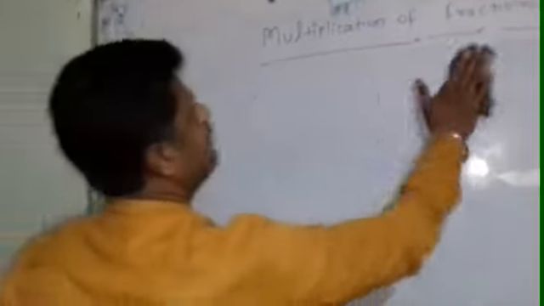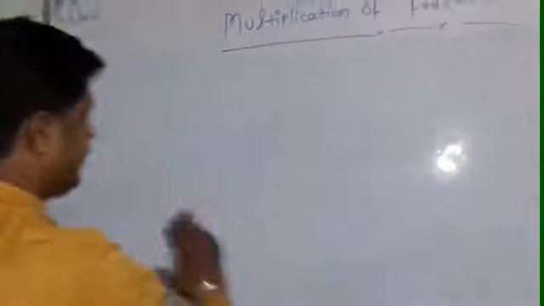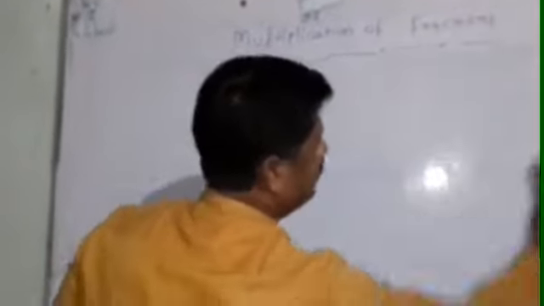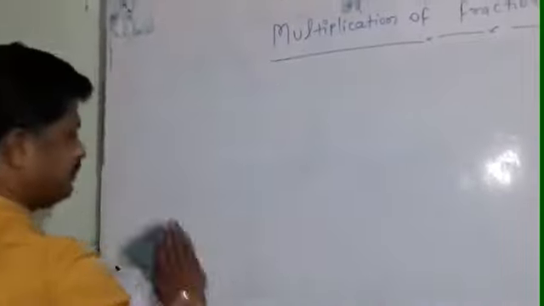This is our chapter, multiplication of fractions. That means we have to explain all these four points, and after that we will study the chapter. After it we will solve our questions one by one, which are present in your book, in your chapter.